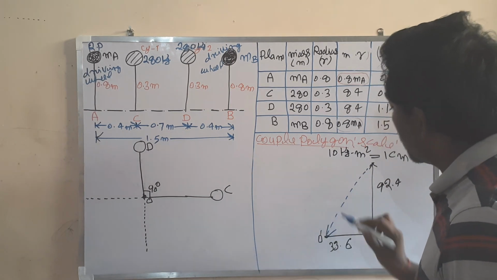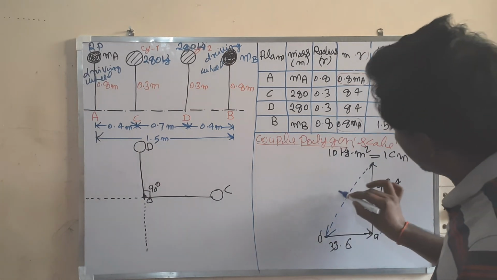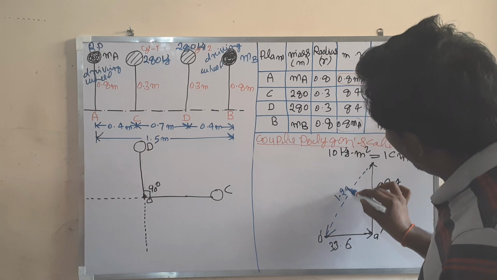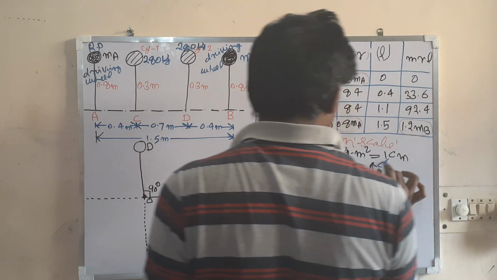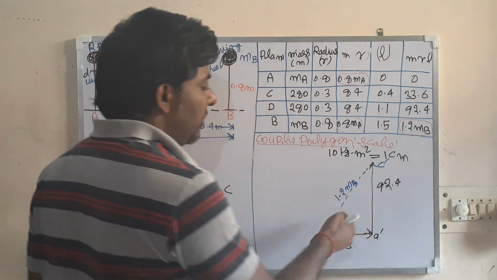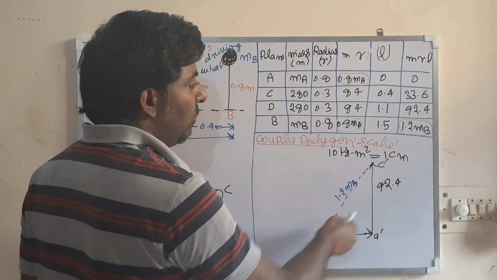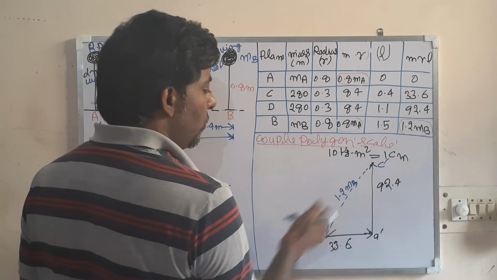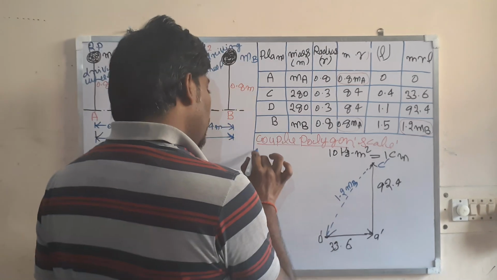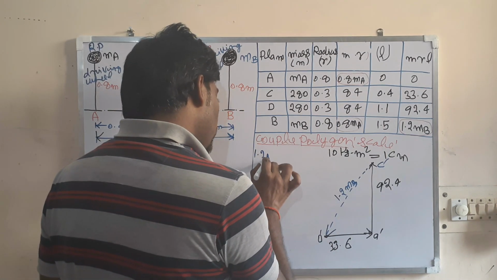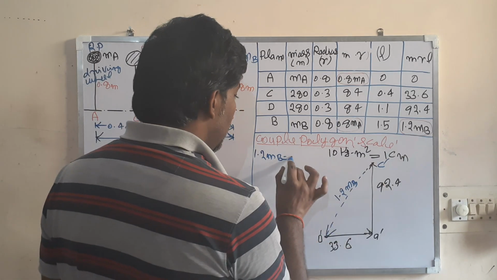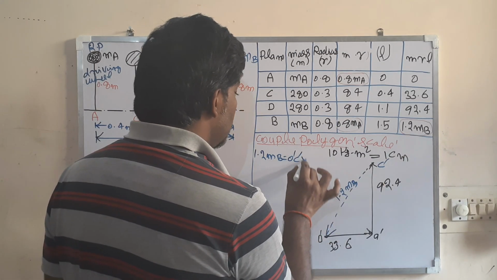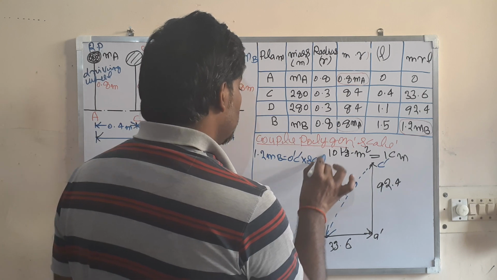So this is the unknown in magnitude and direction. This is 1.2 MB, say this is C dash. In magnitude and direction the closing side is the unknown, that is 1.2 MB. Now this 1.2 MB is equal to O dash C dash into scale.